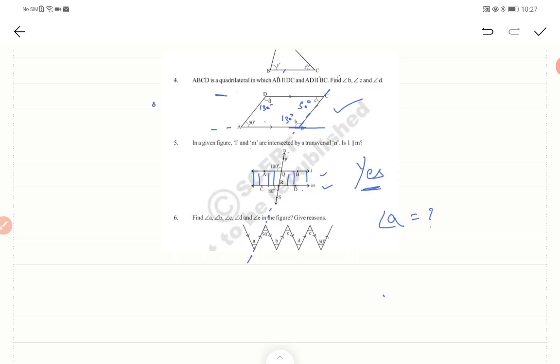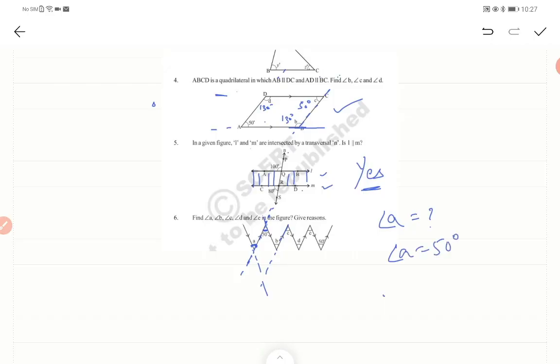See, this is your transversal line, and we have two parallel lines. These two become alternate angles, so your angle A is equal to 50 degrees.